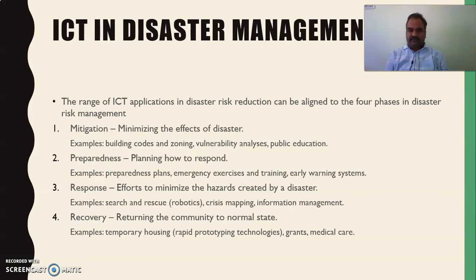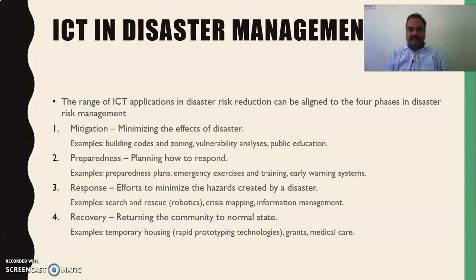As we know, the four phases of disaster management are mitigation, preparedness, response and recovery. Now we will see an example for each of these phases, in what way the ICT tools can be aligned.